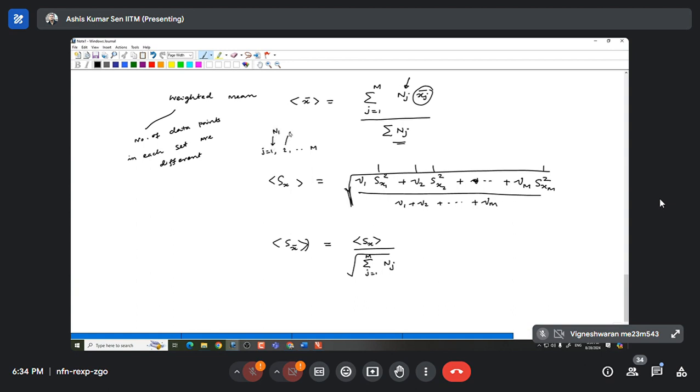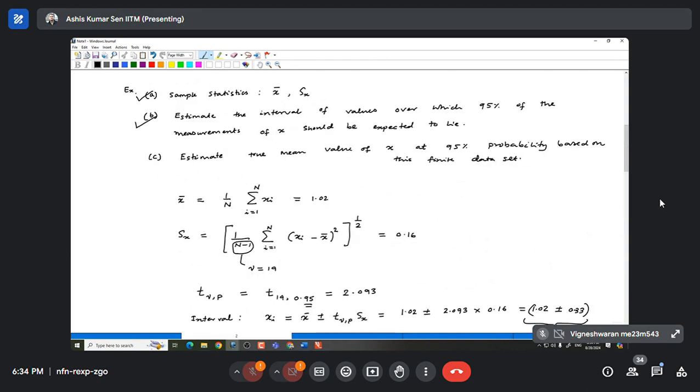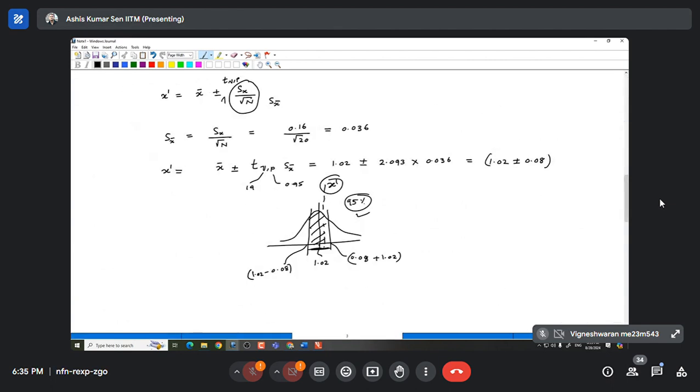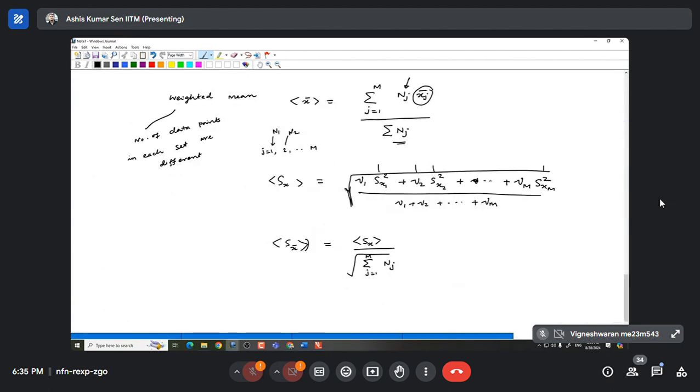So this is n1, n2, then you have to do this. Right. And then once you calculate these variables, the rest of the analysis is similar to what we have discussed. The t distribution theory applies to these multiple data sets in the same way. Okay, just the calculation of these statistical quantities is going to be different.